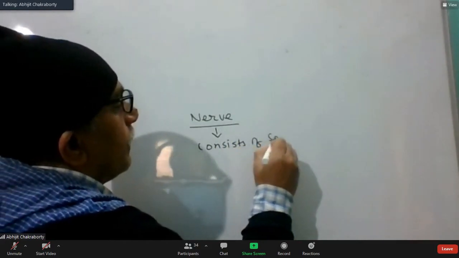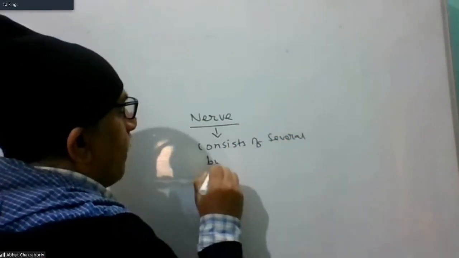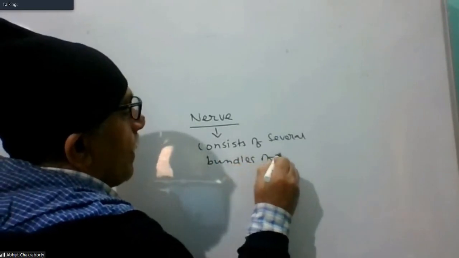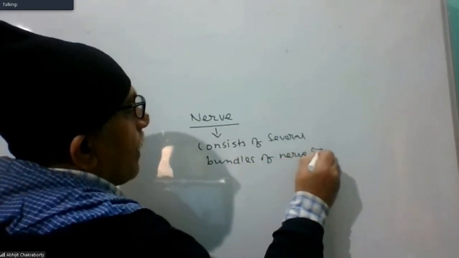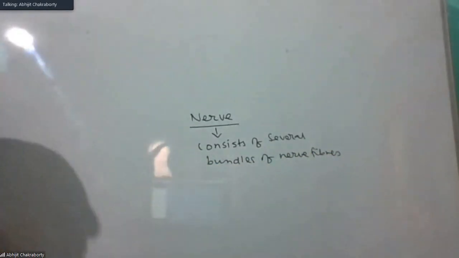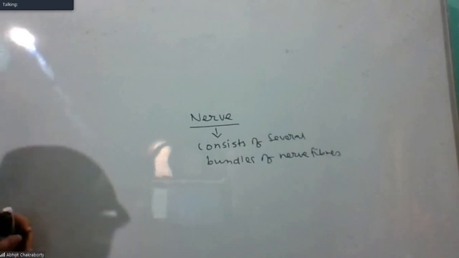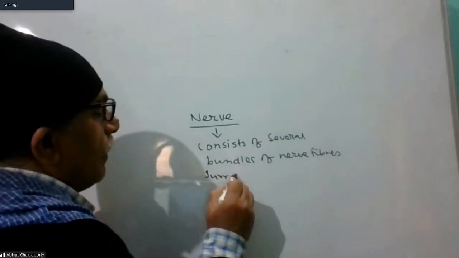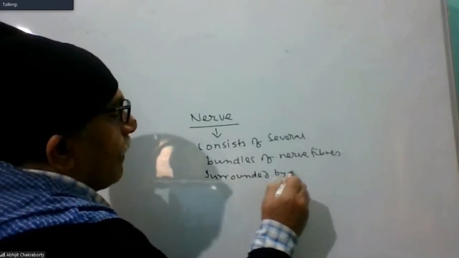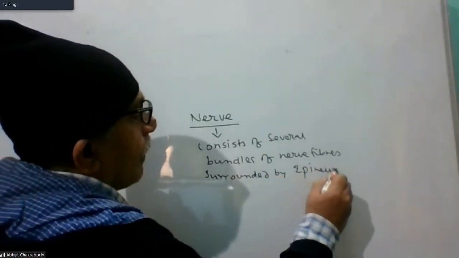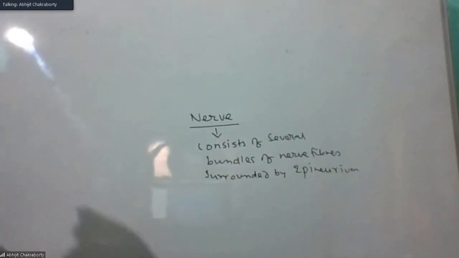It consists of several bundles of nerve fibers and is covered by epineurium. Surrounded by epineurium, then you can call it the nerve.